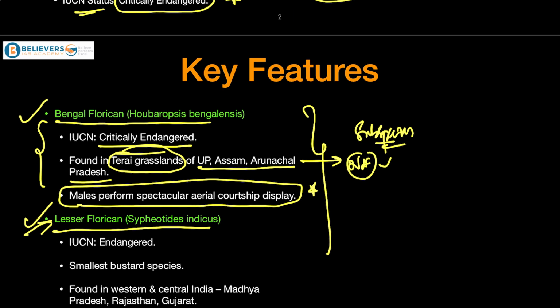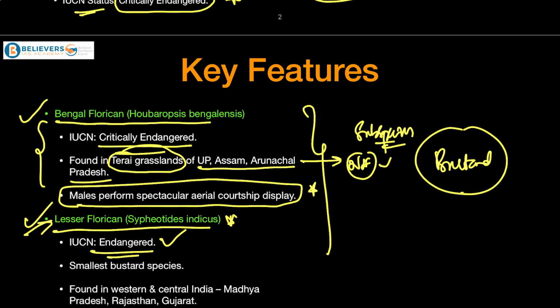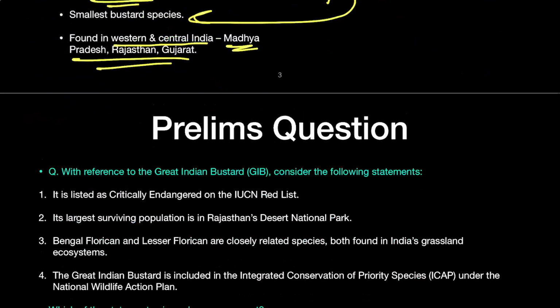Coming to the lesser florican, it is classified under the IUCN endangered category. Of these bustard species, it is the smallest, and it is found predominantly in western and central India, especially Madhya Pradesh, Rajasthan, and Gujarat.